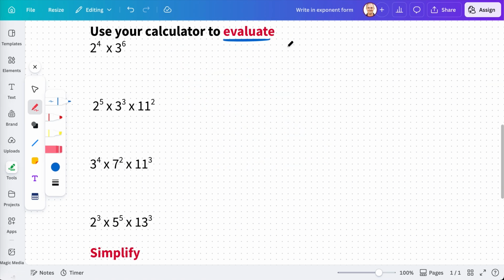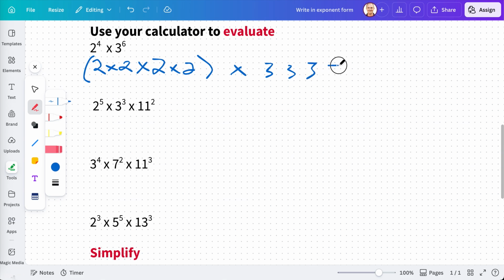Evaluate or use the calculator to solve the problem. So 2 to the fourth power, that can be seen as like this if you're going to do it by hand. So 1, 2, 3, 4, and then we'll multiply that by 3 to the sixth power. Okay, this dot also means multiply.